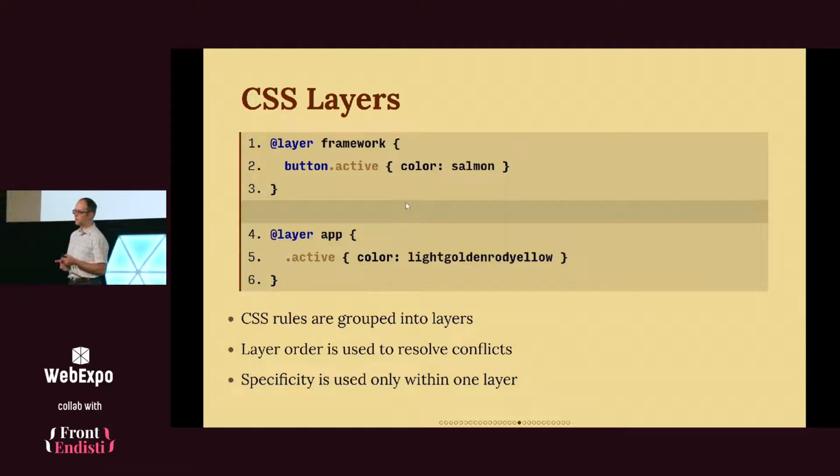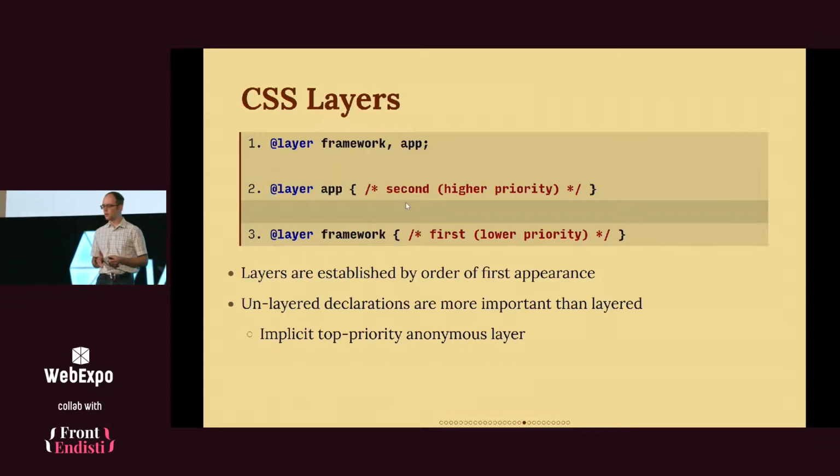So there are no specificity issues. You might notice that line 5 provides a selector with a lower specificity than the selector on line 2. But there is no specificity in play at all, because these two declarations come from different layers, which is great. Now let me repeat that the core principle of layers is the order of establishment.